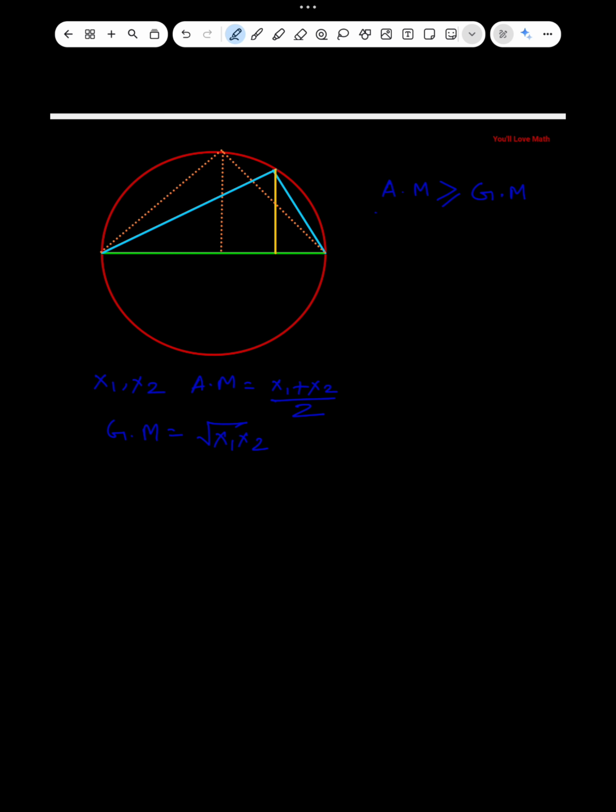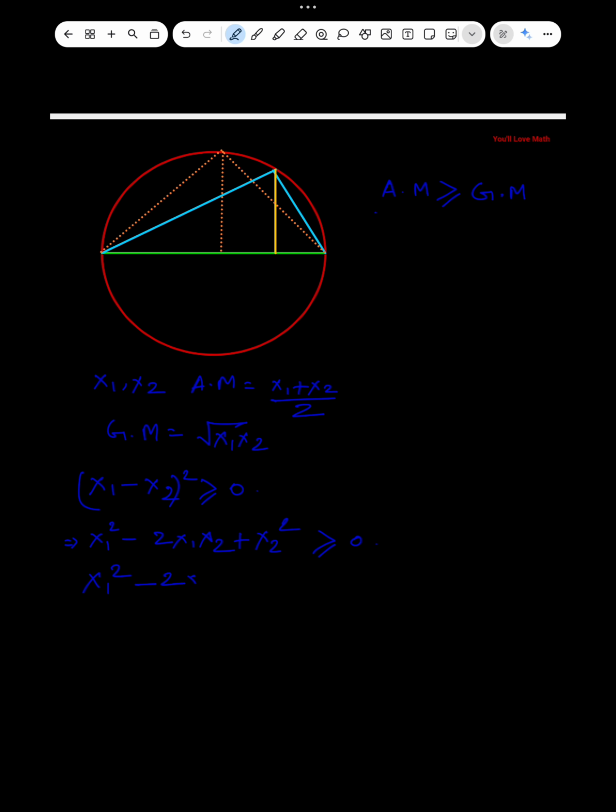Algebraically we can prove it very easily that for any real numbers, (x1 - x2) squared is greater than or equal to 0. So x1 squared minus 2 x1 x2 plus x2 squared is greater than or equal to 0. Now add 4 x1 x2 on both sides.